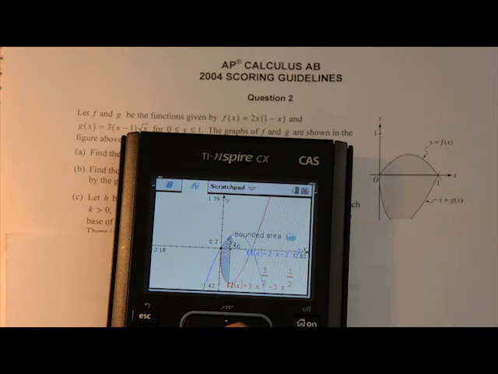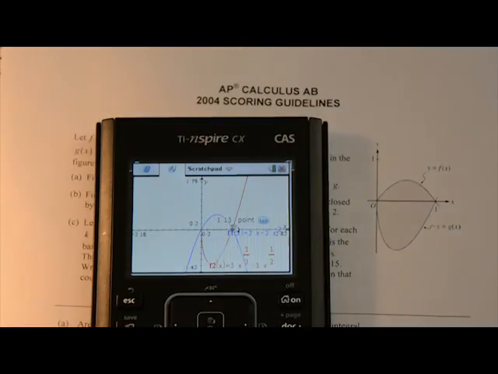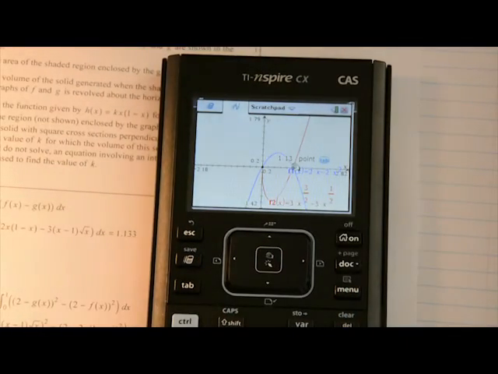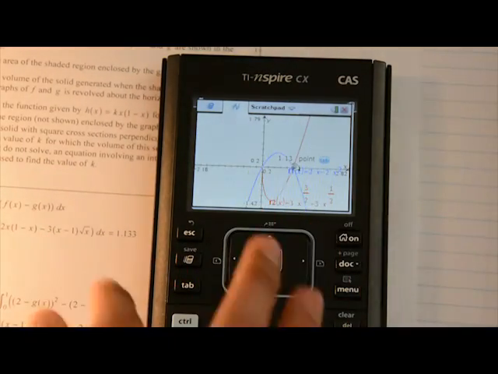that we have. So here we have the first part of the 2004 FRQ. And so I'll get to that. And it's finding the region enclosed by the graphs shown right here. So we have our functions right here, f of x and g of x, and we're trying to find this bounded area right here.